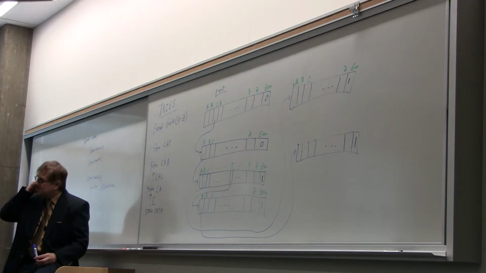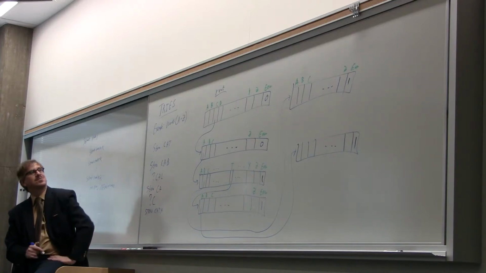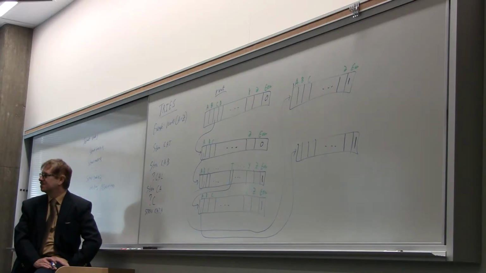I'm trying to find a practical application for this. So the practical application is that it's very efficient at storing words. If I want to search for a word, how many operations do I have to do to find the word in here? As many as there are letters in the word.